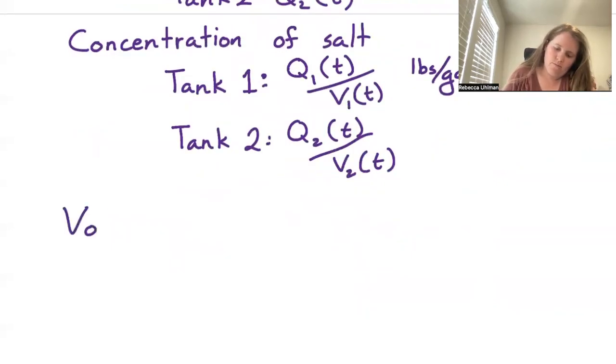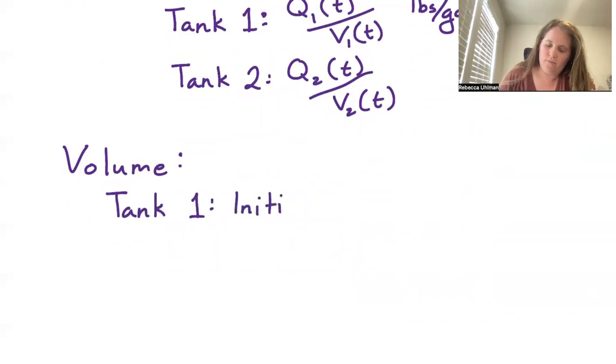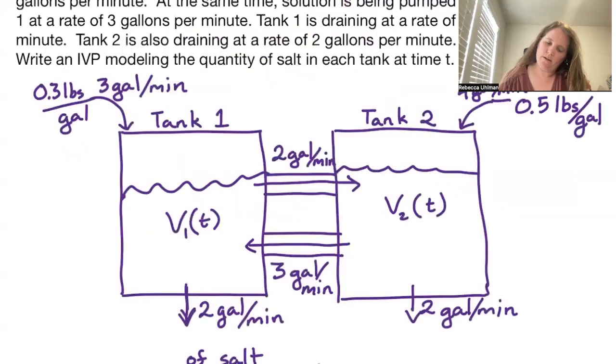So volume for tank 1, we have an initial volume of, I believe, 200 gallons.